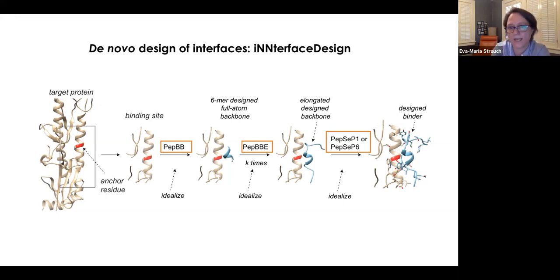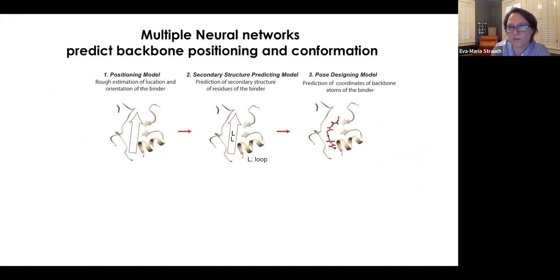And so I wanted to start with introducing how the backbone is generated. So there we have 3 different models. One is for positioning, one is for predicting what secondary structure elements should be there, and then of course putting those 2 together. So first, you want to know what's the rough location, and then how it should look.